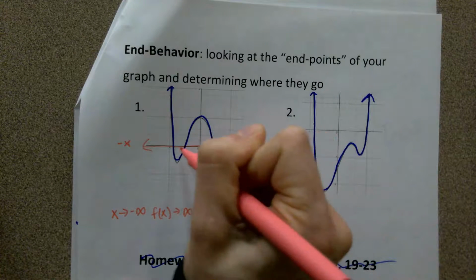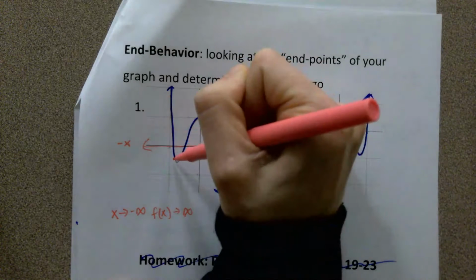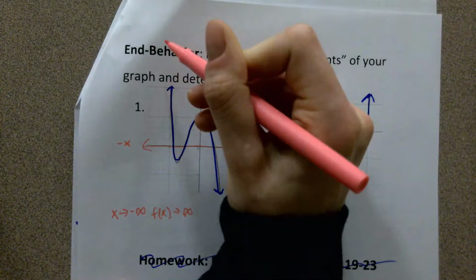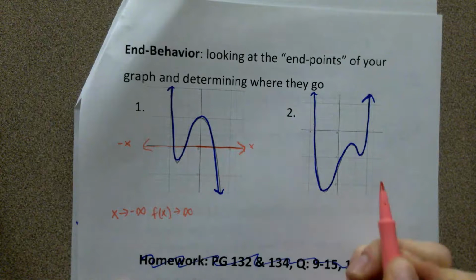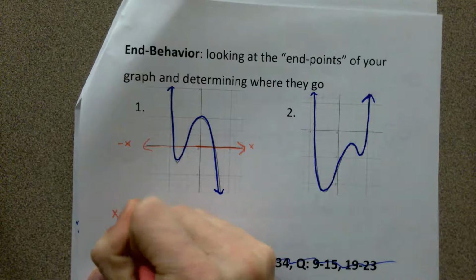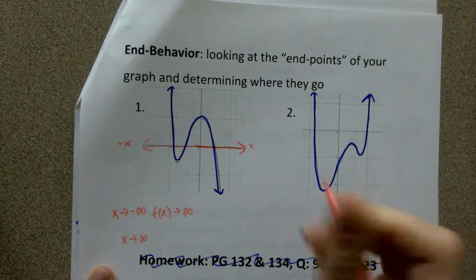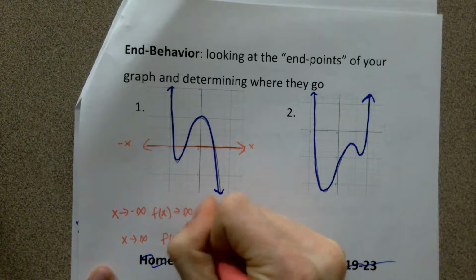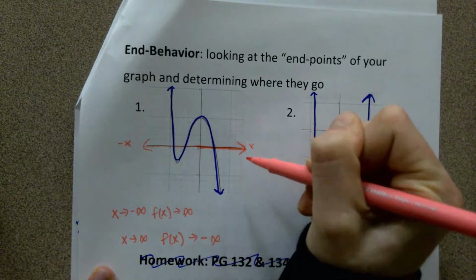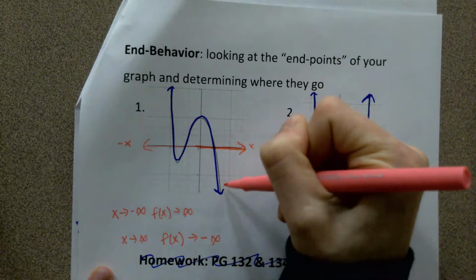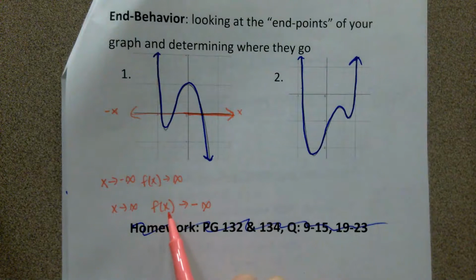As I get more negative on my x-axis, my function is going to increase forever. Going this way, when x is approaching positive infinity, my f of x, my graph, is approaching negative infinity. So as I'm moving this way on my graph, my f of x is decreasing forever. And this is our form of how we're going to write that.